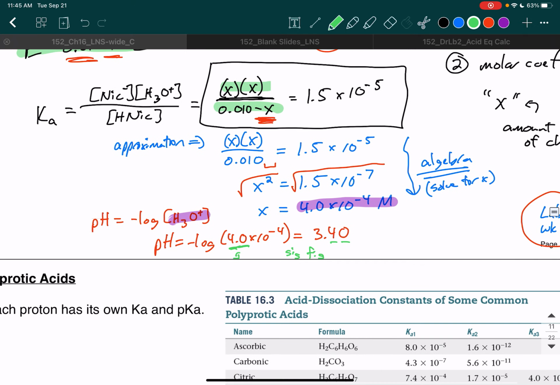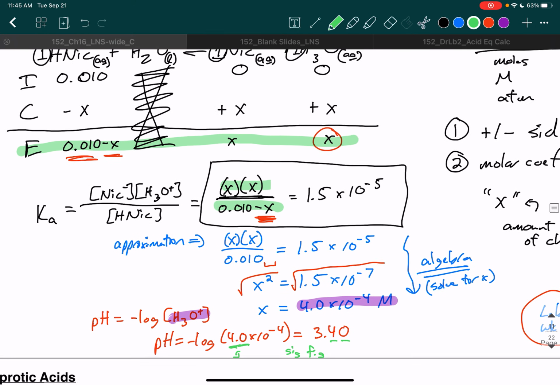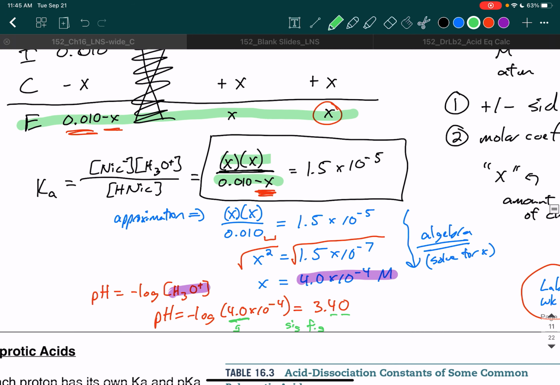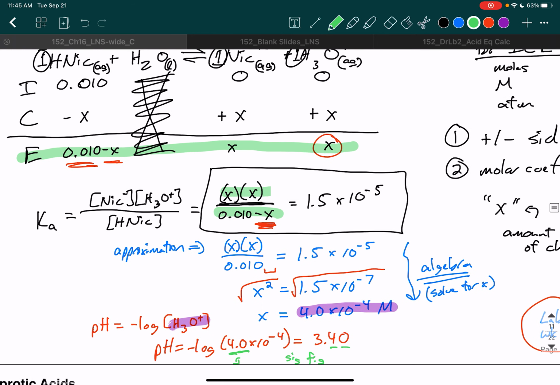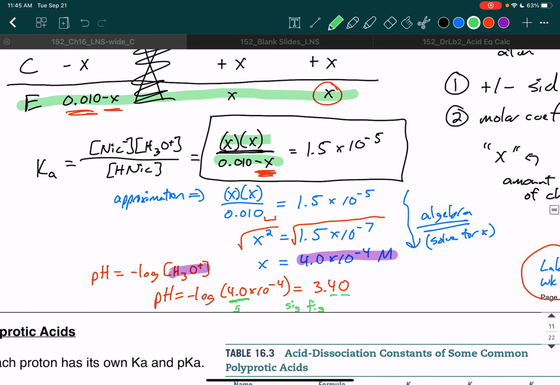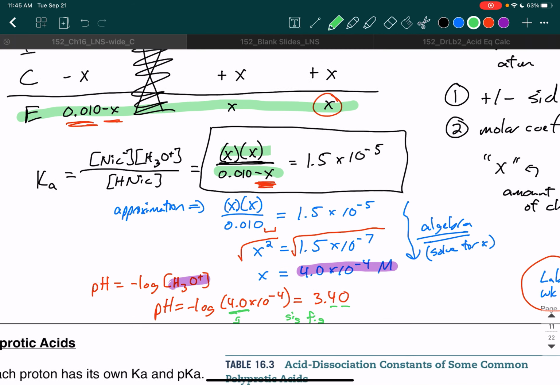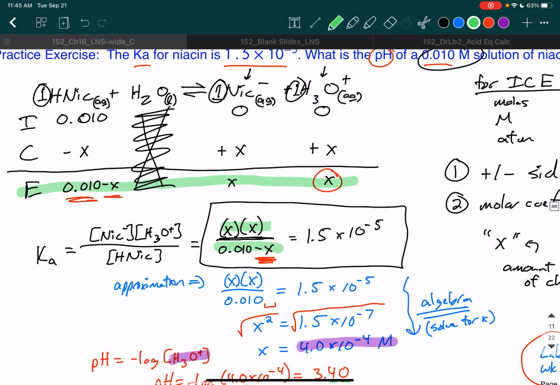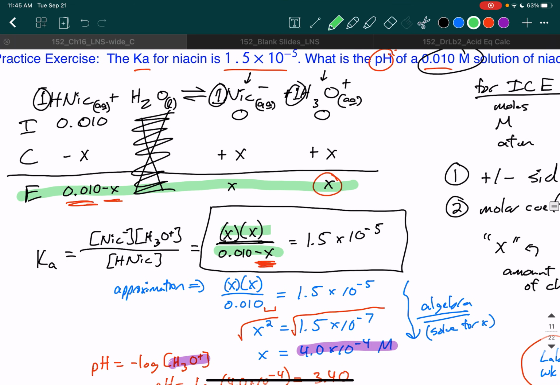What is the limit where you can just drop that X? The ionization, if it's over 5%. That's something I'm not going to worry about today since we're not worried about the quadratic formula. The ionization here is pretty low, and as long as the ionization is low, you can think of the percent ionization as how far it goes onto the product side. 2%, 3%.